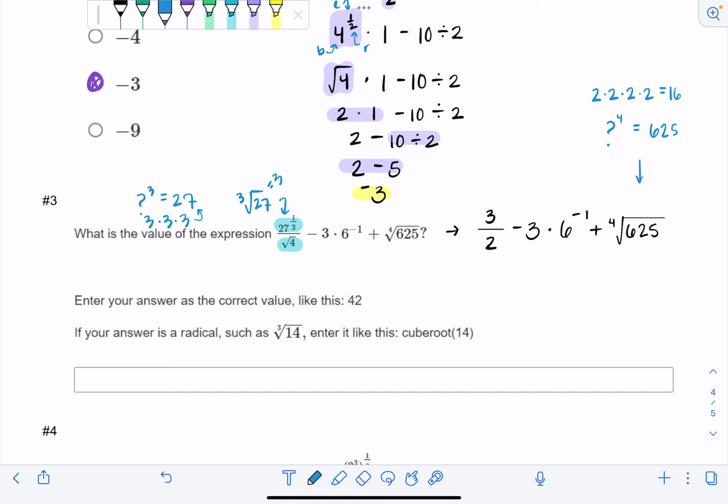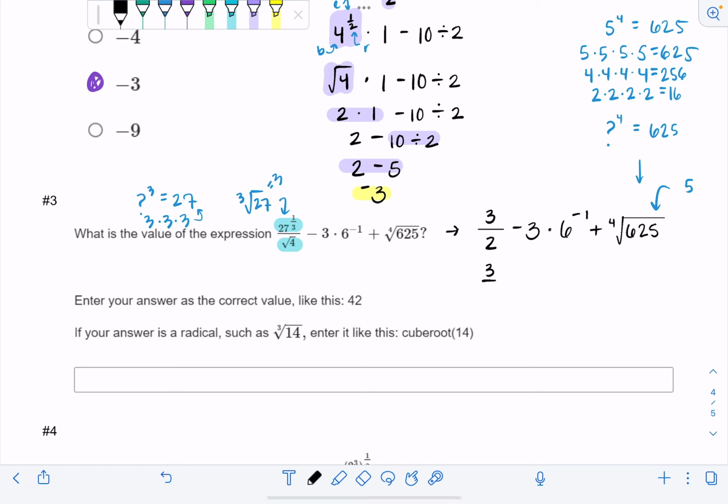If I try 4 times 4 times 4 times 4, I think that's 256. And then I'm going to try 5 times 5 times 5 times 5, that is 625. So that means that 5 to the fourth power equals 625. So the fourth root of 625 is 5. So we can replace that whole thing with just 5.